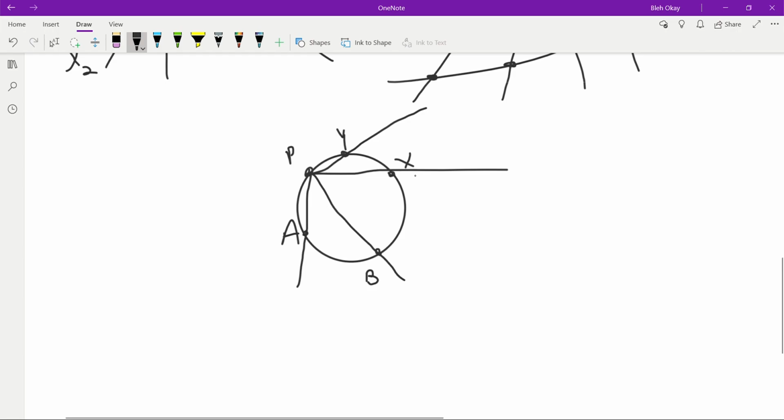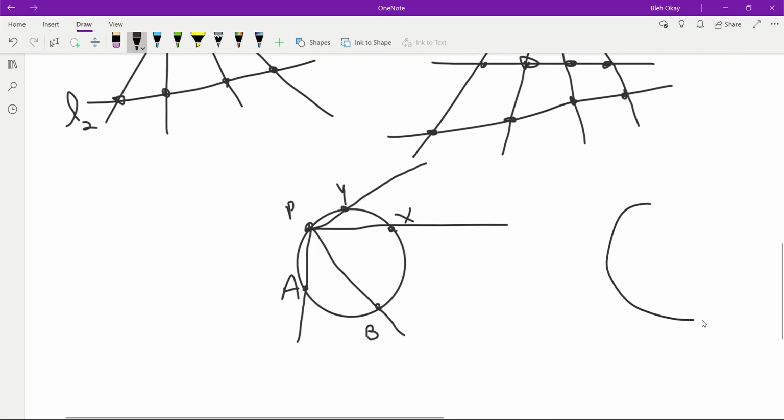And what we get is that this cross ratio does not depend on the point P. So the cross ratio is unique to the 4 points, A, B, X, and Y. And since we've said that it's equal to the cross ratio of the 4 lines, then we can project from a circle onto a line.